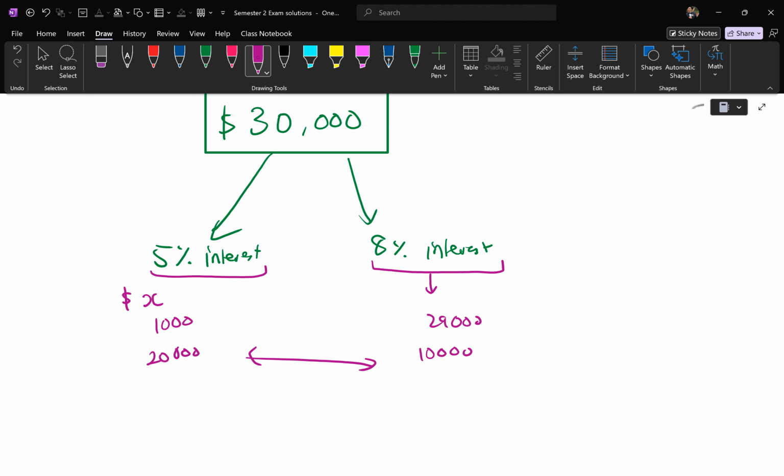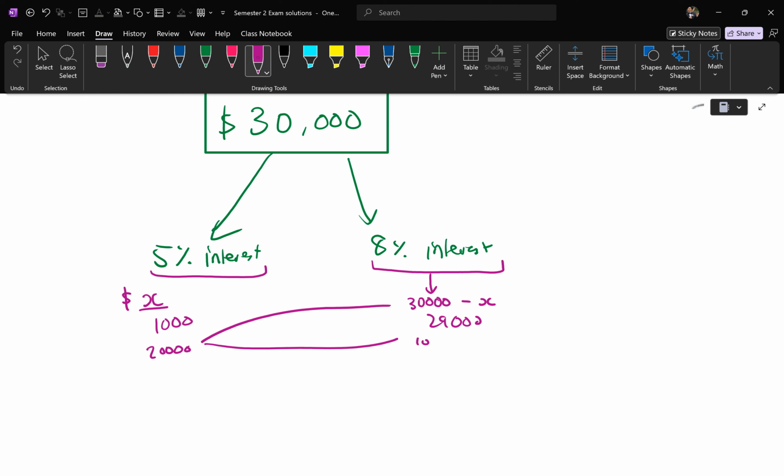So if it's X dollars invested for 5%, then the 8% must be the total, 30,000, minus how much you invested for the 5%. So 30,000 minus X gives you the leftover. 30,000 minus 1,000 gives you 29,000, and 30,000 minus 20,000 gives you 10,000 that you're putting into 8% interest.